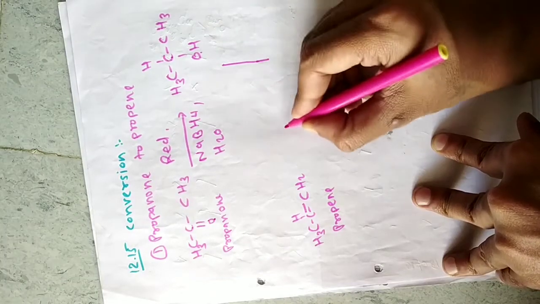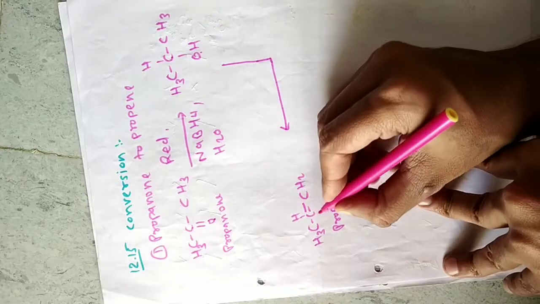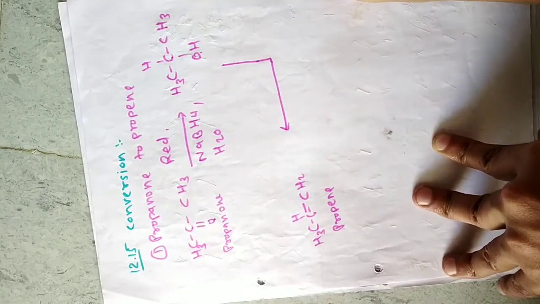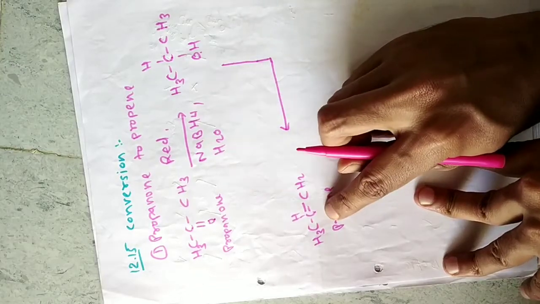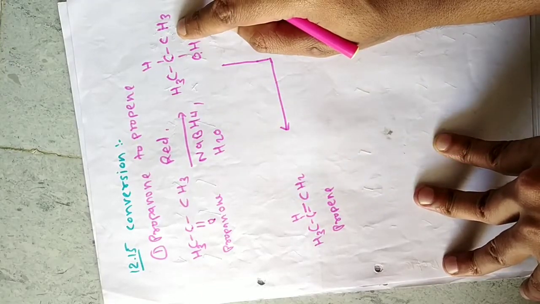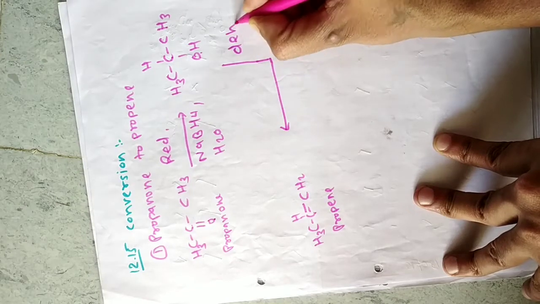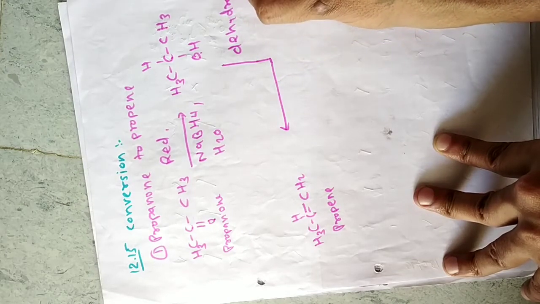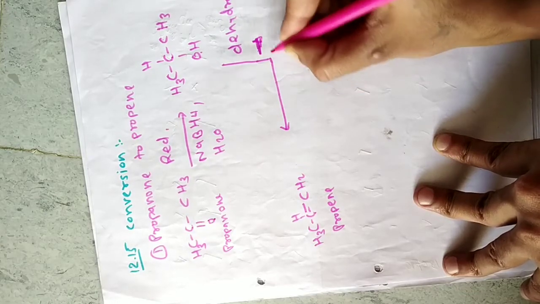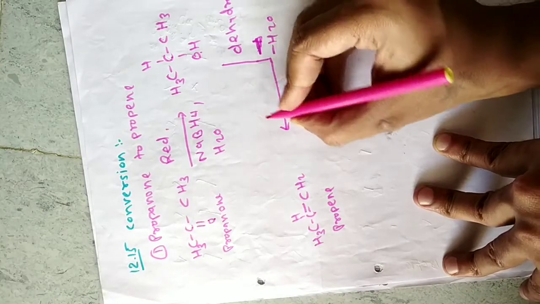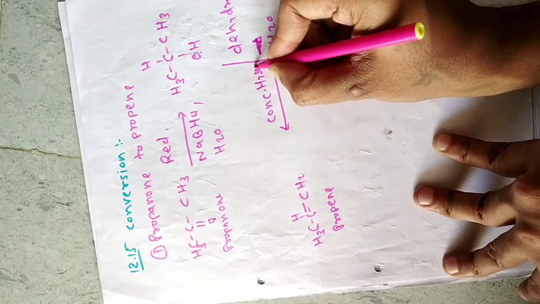Now what is the difference between these two? You can see OH and a hydrogen from the adjacent carbon are missing in the product. So it is a dehydration reaction, minus H2O in the presence of concentrated H2SO4.